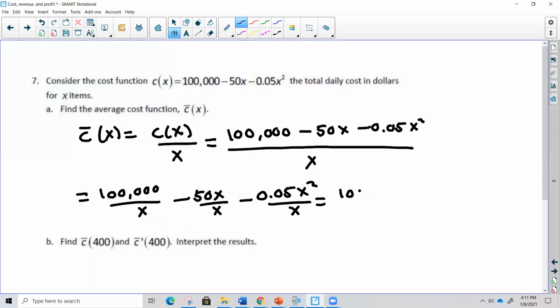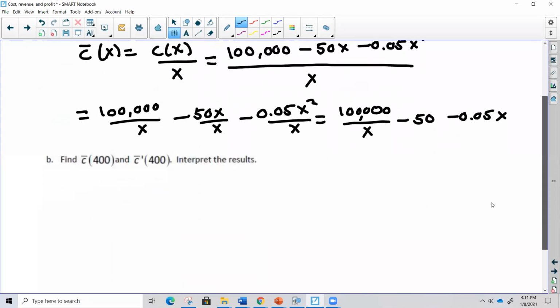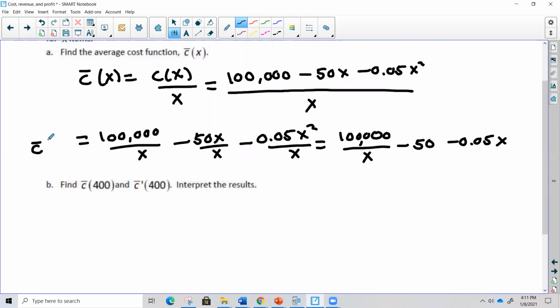I'm just going to leave that as 100,000 over X. You could make it X to the negative first, which we will have to do in part B, but I'm going to wait for that. 50X divided by X is 50, and 0.05X squared over X is 0.05X. Okay, so this is my average cost function, the C with that bar over X.